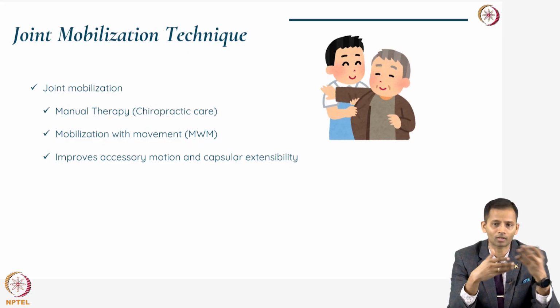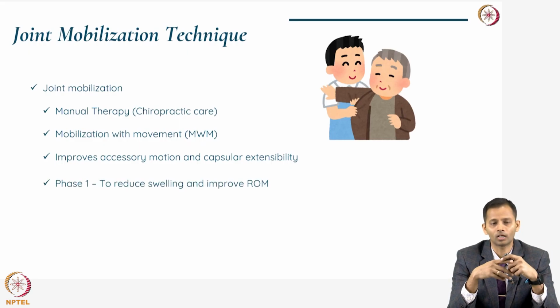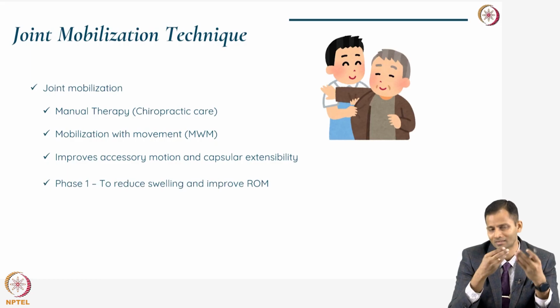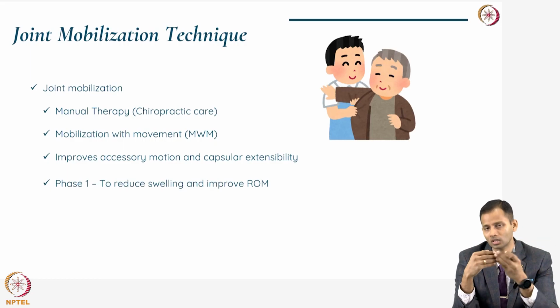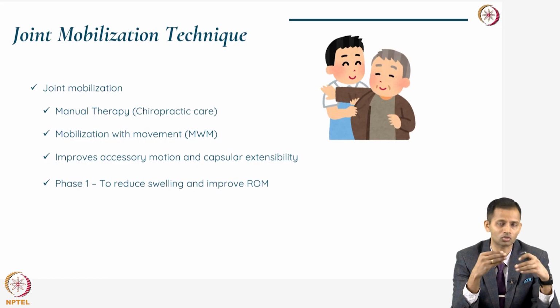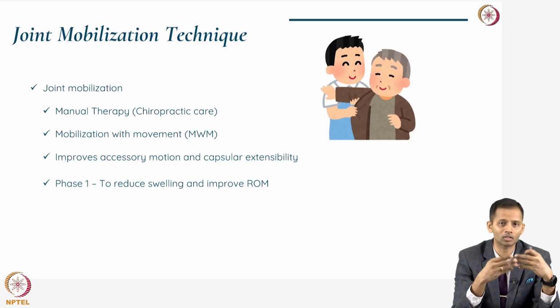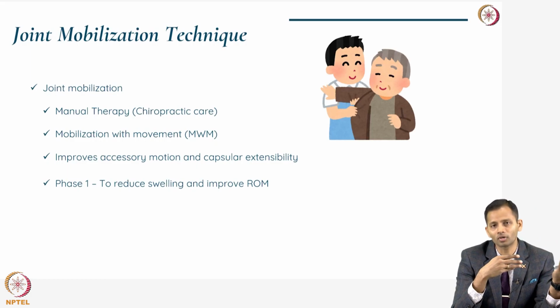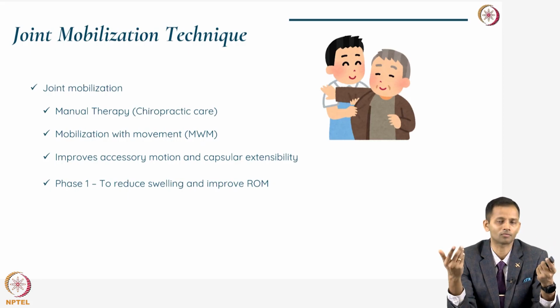So these techniques can be used there as well, and are commonly employed during the initial phase only, so that it reduces the adhesions around the joint and helps in achieving a near to end or a full range of motion in phase 1 itself.